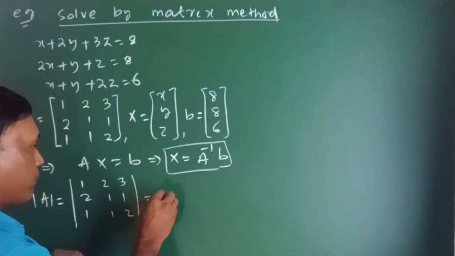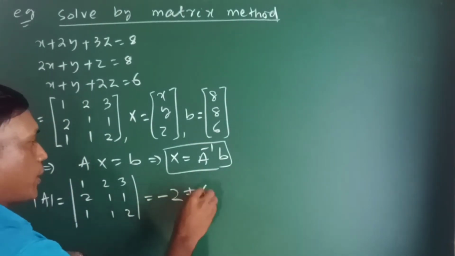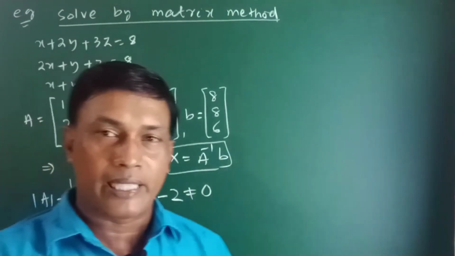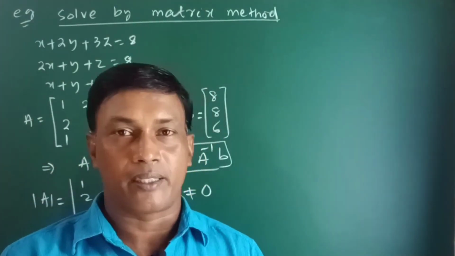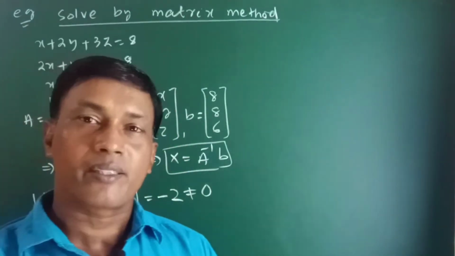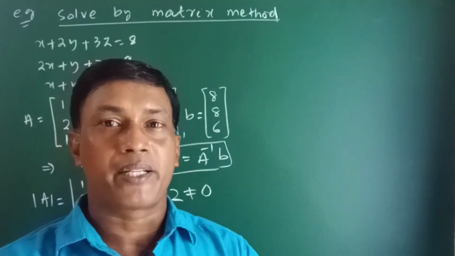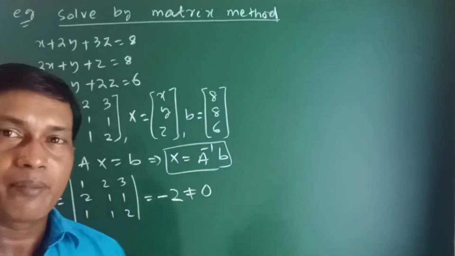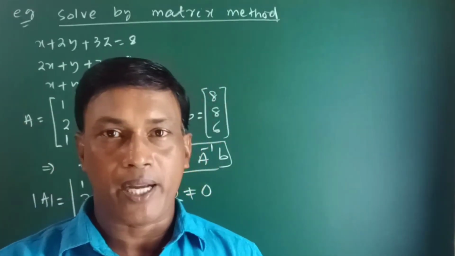If you solve this, you get -2, which is not equal to 0. Look at here. If the determinant is 0, then the inverse does not exist. So here the determinant is -2, the inverse exists. In order to find the inverse, we have A inverse is adjoint A by determinant A.